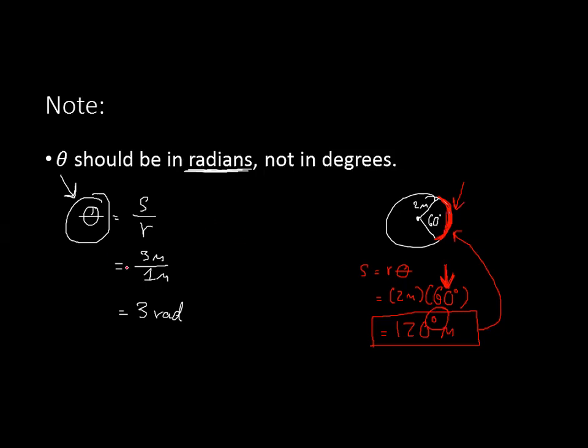Look at this example. I divide 3 meters by 1 meter. Of course, the answer is 3, right? So what will happen here is that the units are cancelled. 3 meters all over 1 meter, they are cancelled.